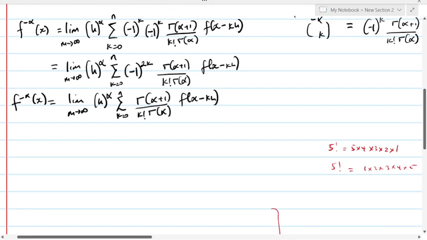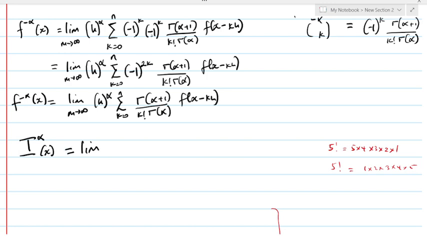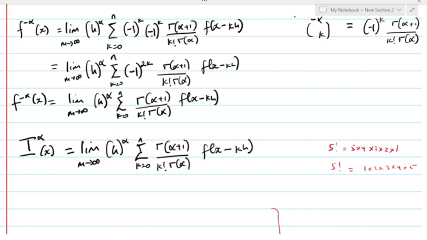So now our antiderivative, we can write it as I alpha of x equal to the limit as n tends to infinity of alpha h raised to power alpha, summation k equals 0 to n, gamma alpha plus 1 over k factorial gamma alpha, f of x minus k h, and that will be our integral.